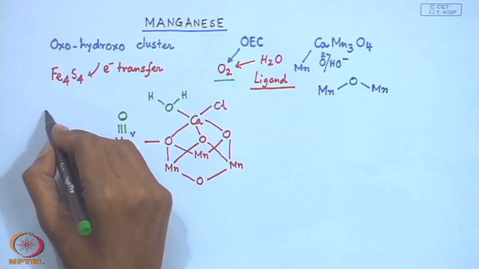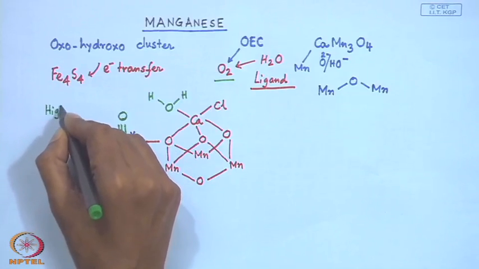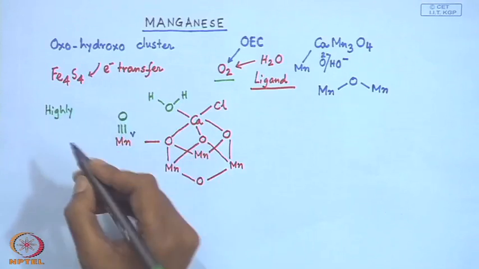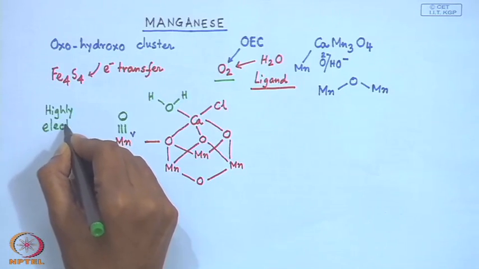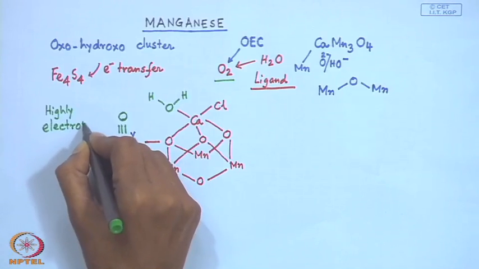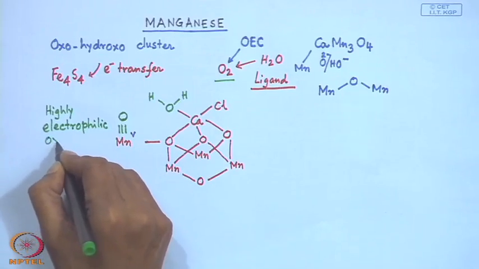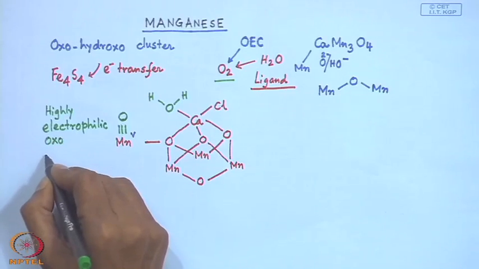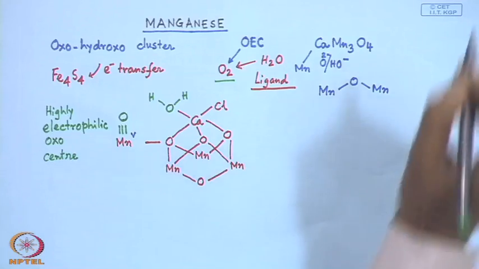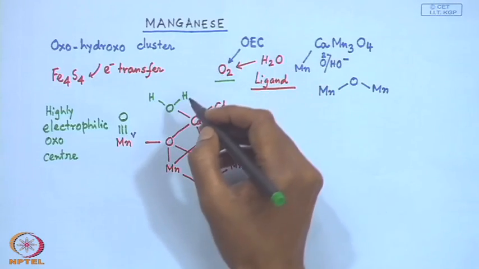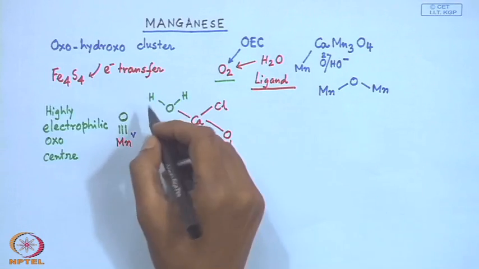So, we can generate some highly electrophilic oxo center. Generation of that on manganese is very important, and this particular one will go for this water molecule.